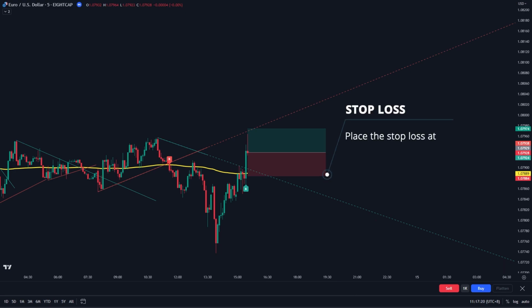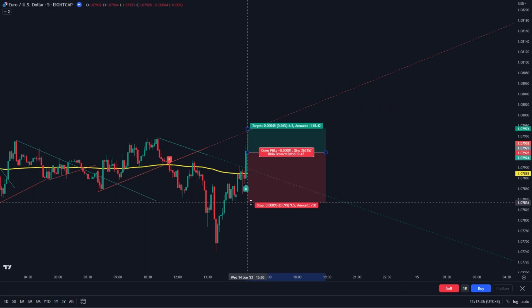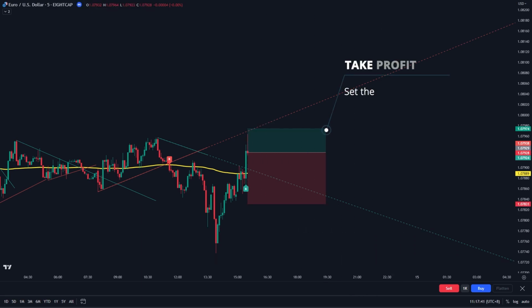It is recommended to set the stop loss at the recent swing low to protect against potential downside risk. The take profit is set at 1.5 times the risk, resulting in a 1 to 1.5 risk-reward ratio.